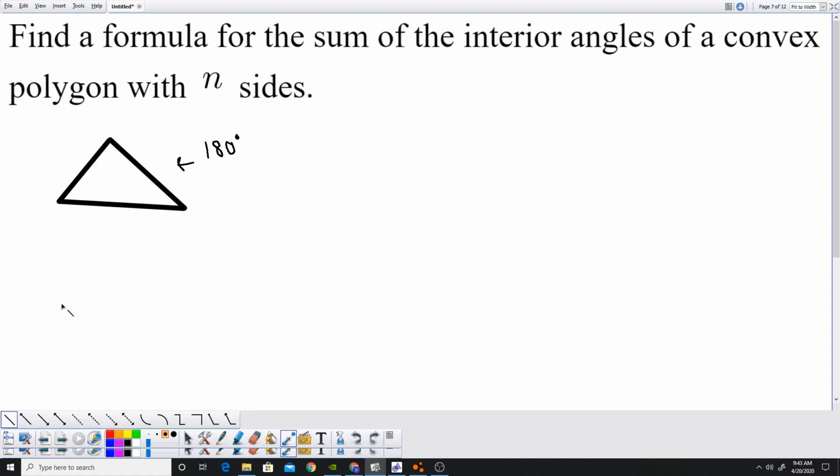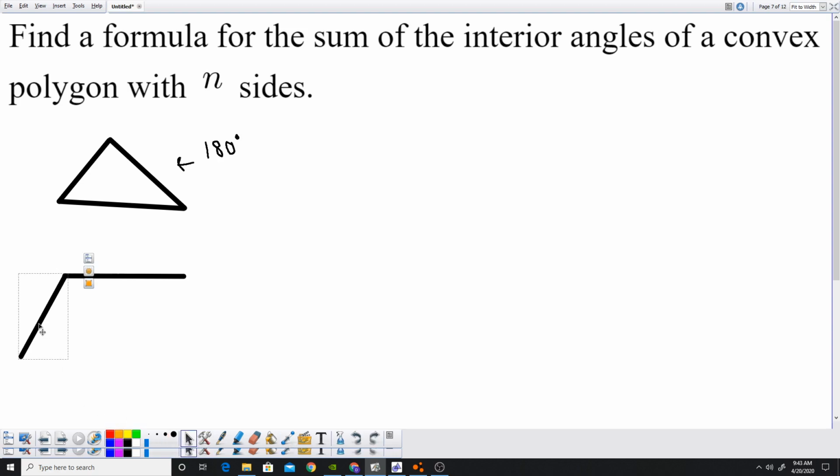So now let's look at one step up in complexity, a four-sided polygon, some sort of quadrilateral. It doesn't have to be a parallelogram, it can be a square or a rectangle or a rhombus, but some sort of quadrilateral.